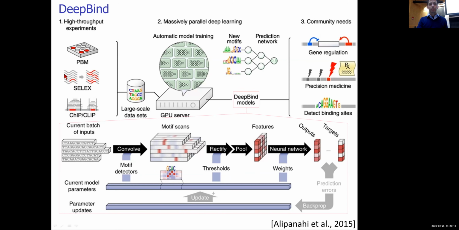One of them is DeepBind, which was using a set of known convolutional filters from independent experiments, first inferring these filters as one step, and then combining them in another step.